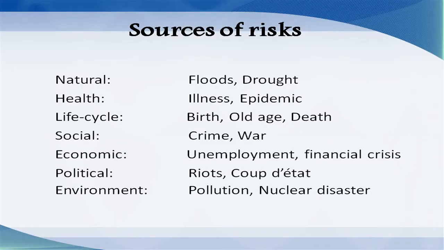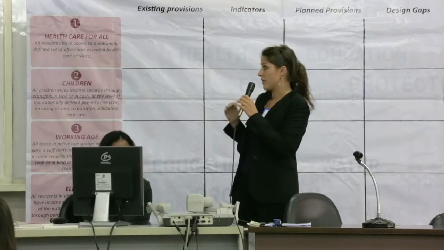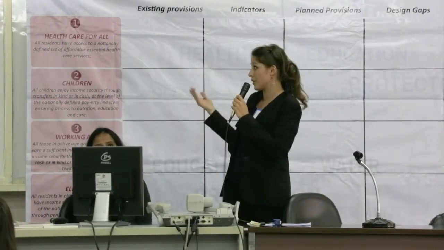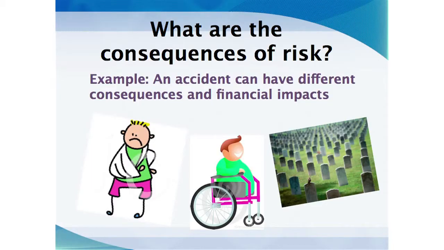You can see that this risk can come from various sources, either natural or human-made. Now this risk can have very diverse and sometimes very hard to predict consequences. So let's take a motorcycle accident, for example.